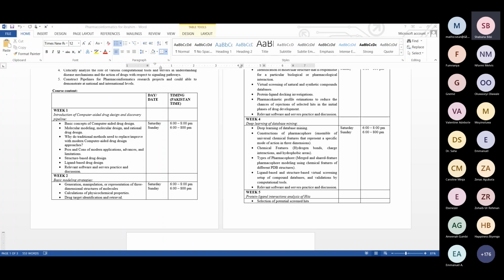So we will study in this specific course about the drug discovery and development pipeline, why initially preclinical studies, how much time was used, how compounds are identified, and what is the difference between the traditional method and the novel method of computer-aided drug design.